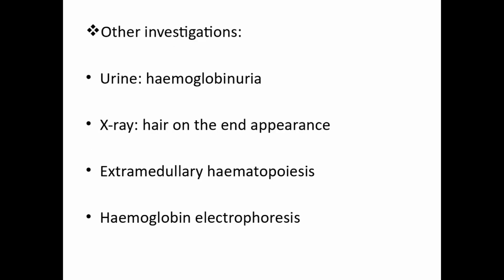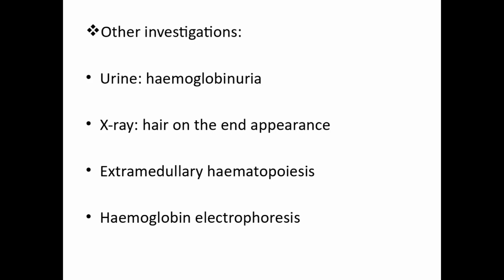Some other investigations that can be done are examination of urine to look for hemoglobin, X-ray, that is hair on end appearance, features of extramedullary hematopoiesis, and ultrasound can be done to assess the size of spleen and liver.